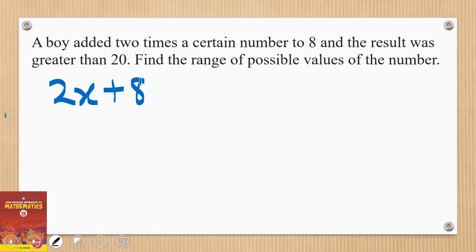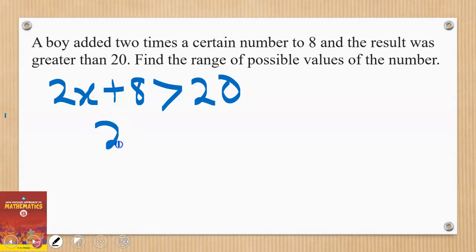And we're adding 2 times a certain number to 8, and the result is greater than 20. So that becomes our inequality. Find the range of possible values of the number.